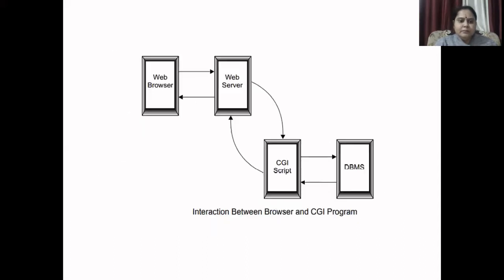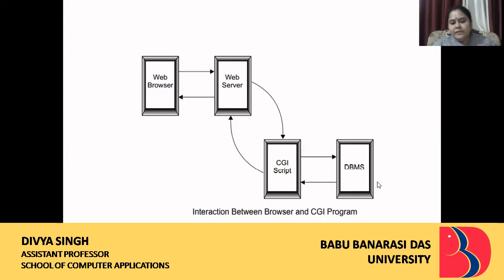Next. Now here we see with the diagram that the web browser is communicating with the web server, and the web server is communicating with the CGI script, and the CGI script is communicating with the DBMS, that is the database. This is the interaction between the browser and the CGI programs.